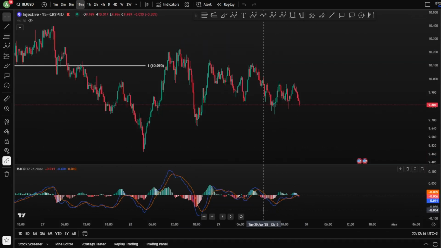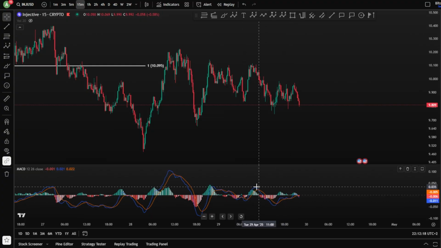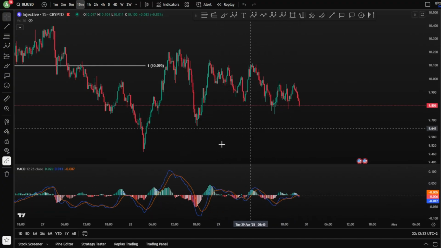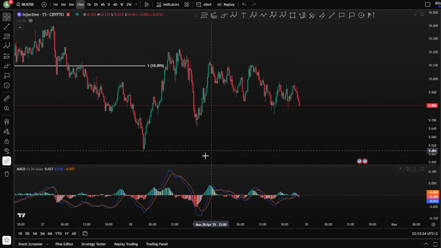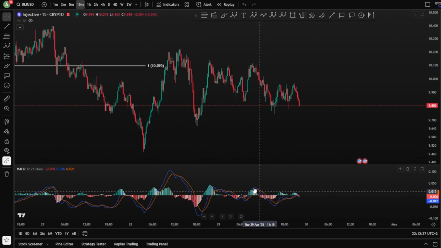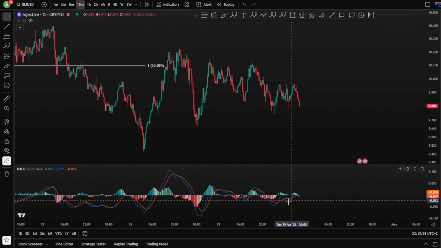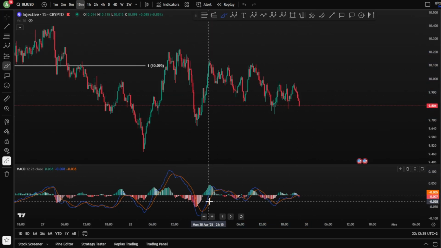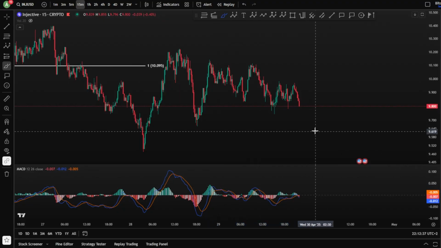We can see some signals. I'm just trying to find some convergences and divergences. Well, here is one, but it's finished. Basically, it is so much sideways, and anyway, we see the consolidation, and also MACD is very sideways.